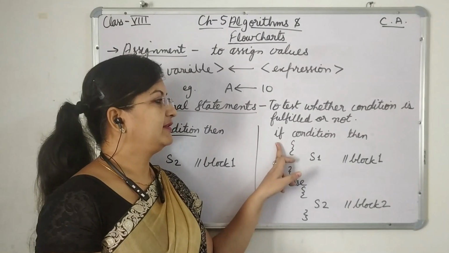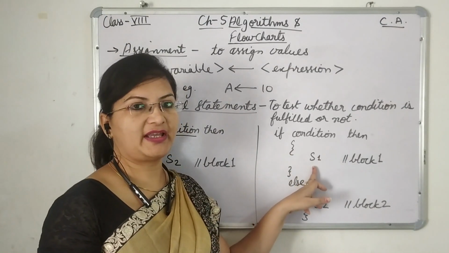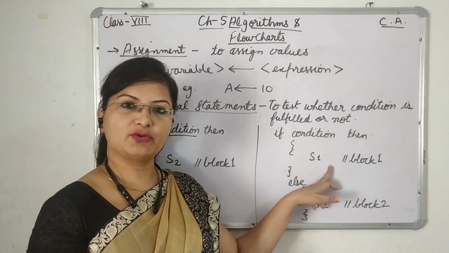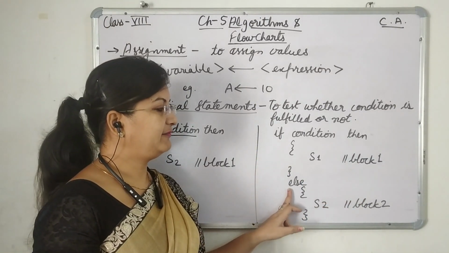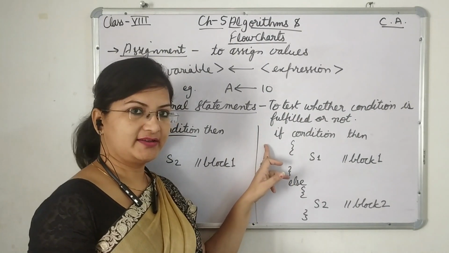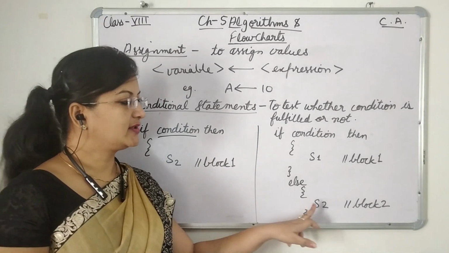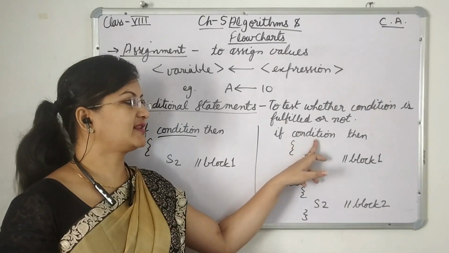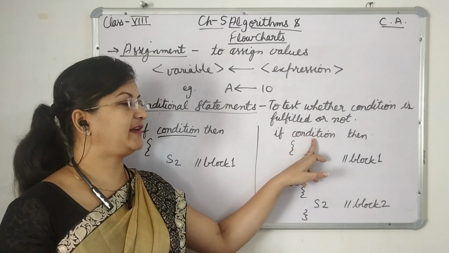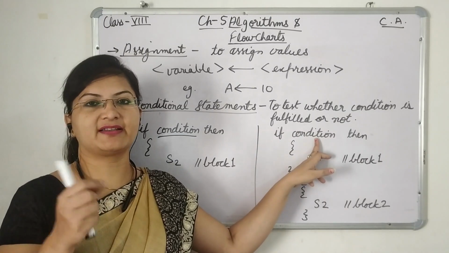Now if we see if else. If is true, then block 1 will be executed. That means statement 1 will be printed. And if the if condition is false, then the else statement will be executed. Got it? So these are the statements inside the else condition. Okay. If this condition is true, like if x is greater than y, but you know very well x is 2 and y is 7.